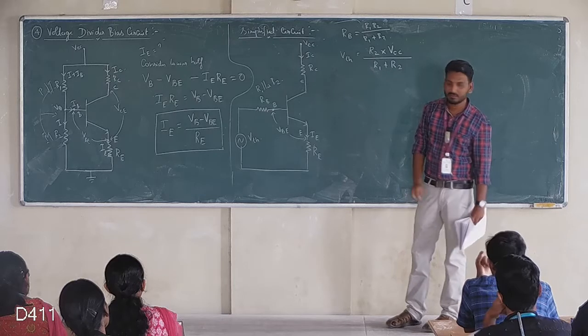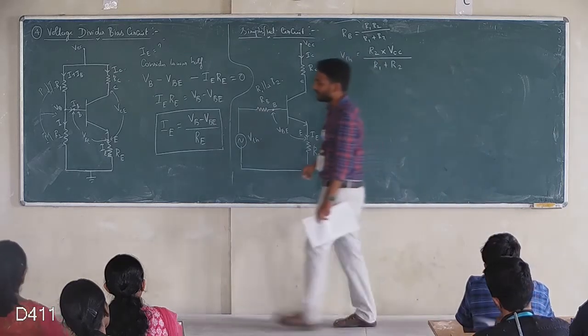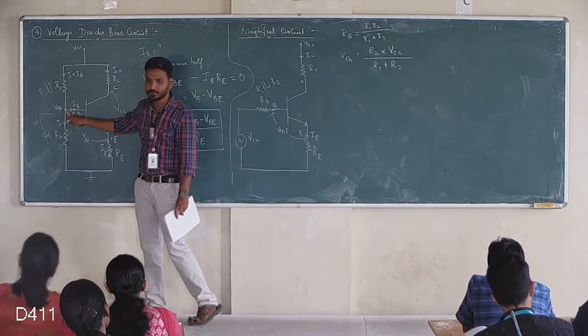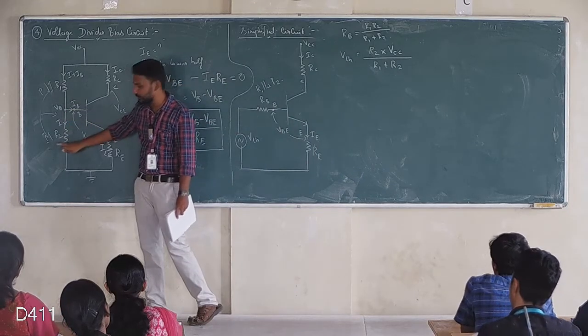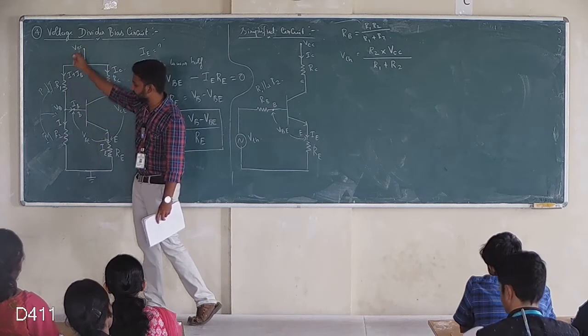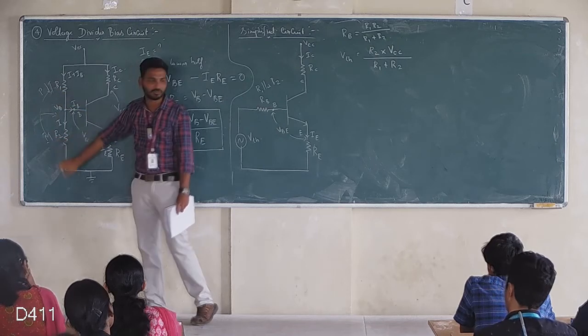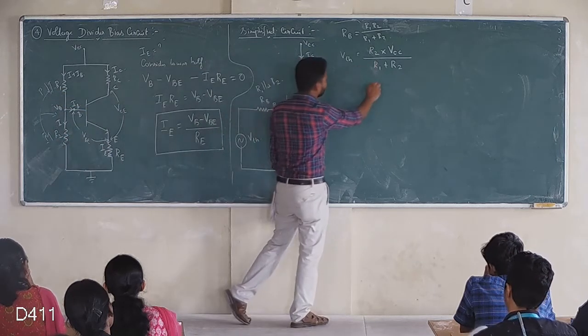Clear? I am just applying the voltage divider rule. I am going to find the voltage at this point, so VCC into R2 divided by total resistance, R1 plus R2. So I am writing VTH equal to this.